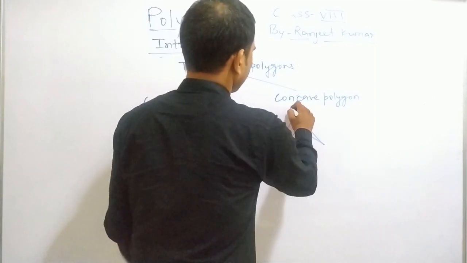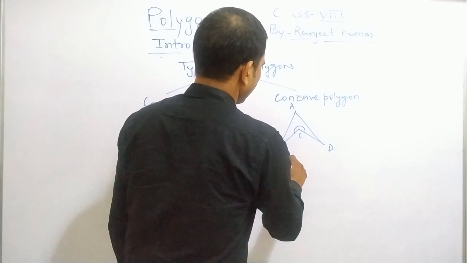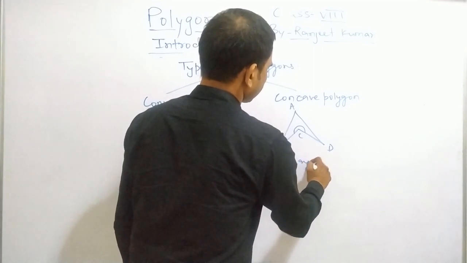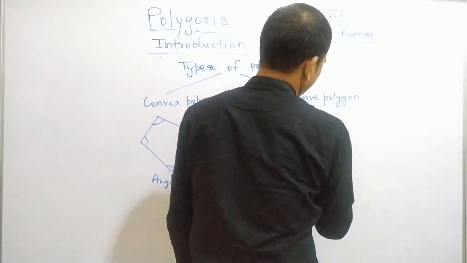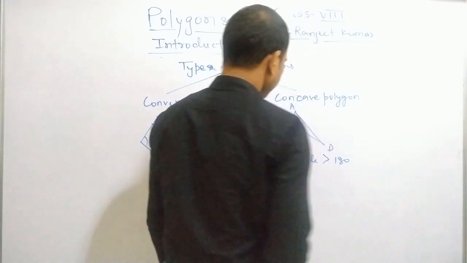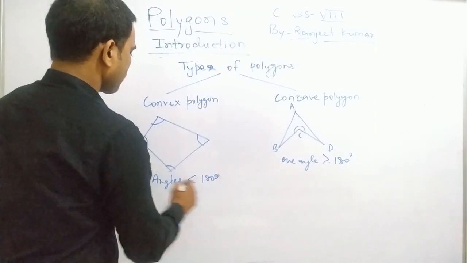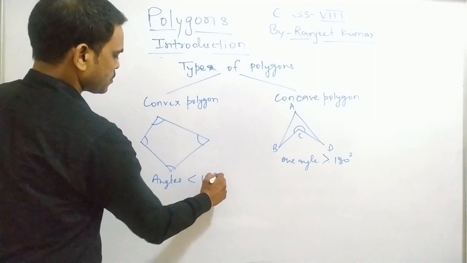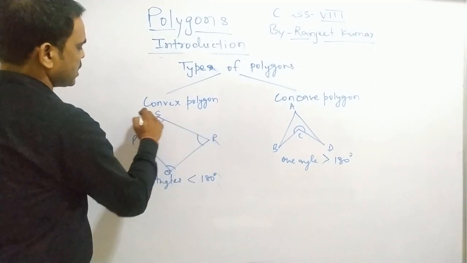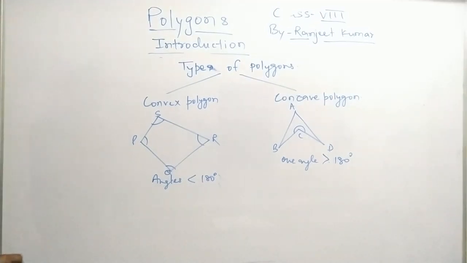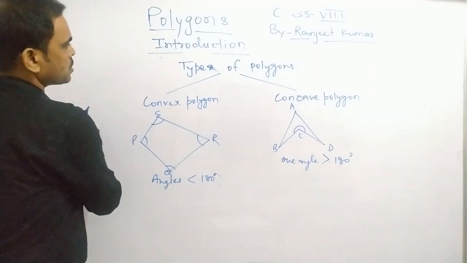Okay, so I am writing it here A, B, C, D. So one angle is more than 180. Here P, Q, R, S. After knowing these things, we have to know about diagonals.